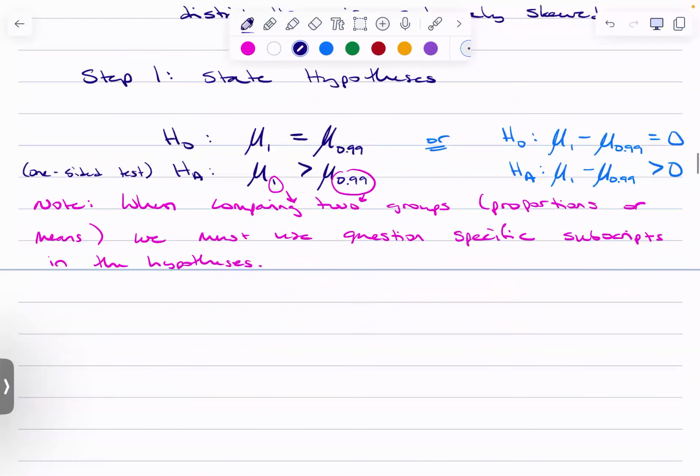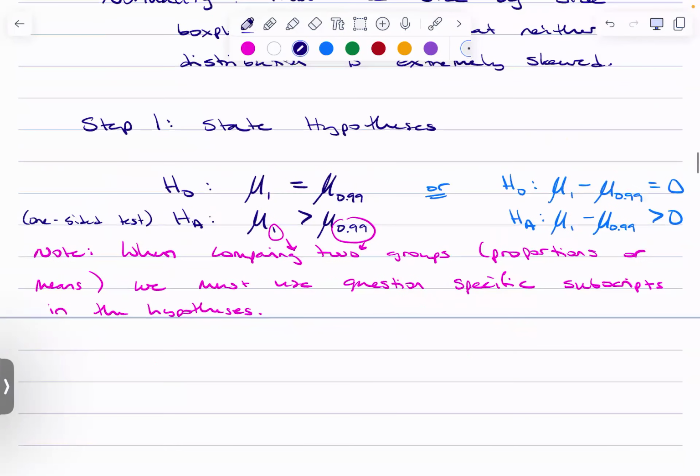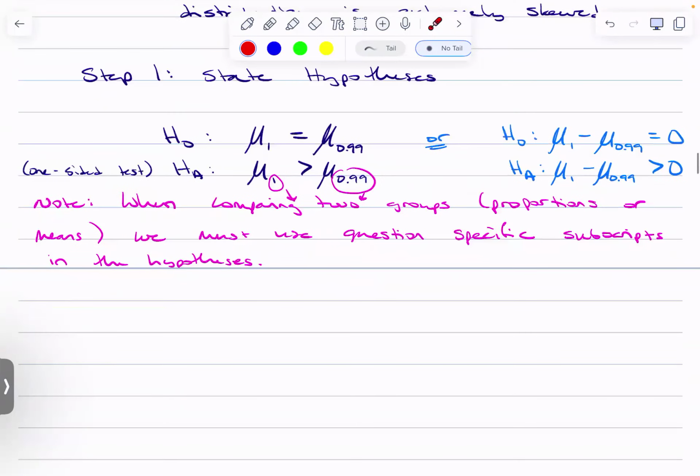And it's one of the biggest disconnects. A really common question that I get is, how do I know if it's a one-sided or a two-sided test? If you have a less than or a greater than, you only care about one side, so it's a one-sided test. If you have a not equal to, you're concerned about both sides, making it a two-sided test.